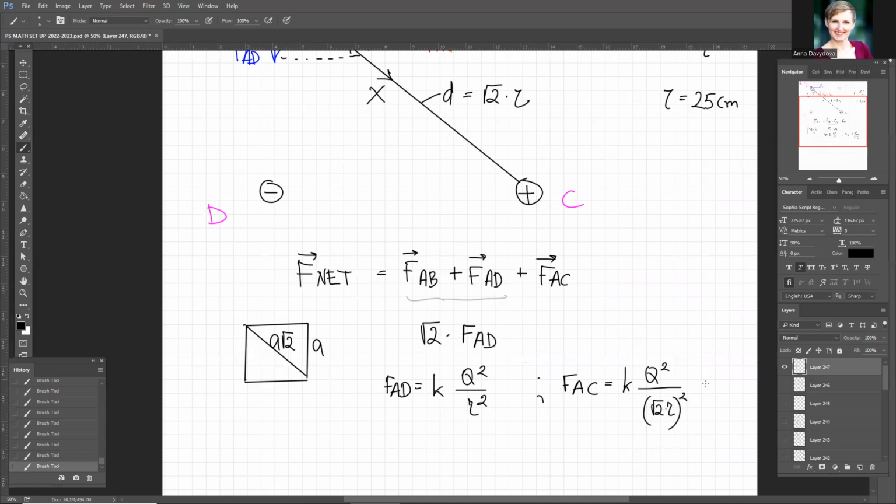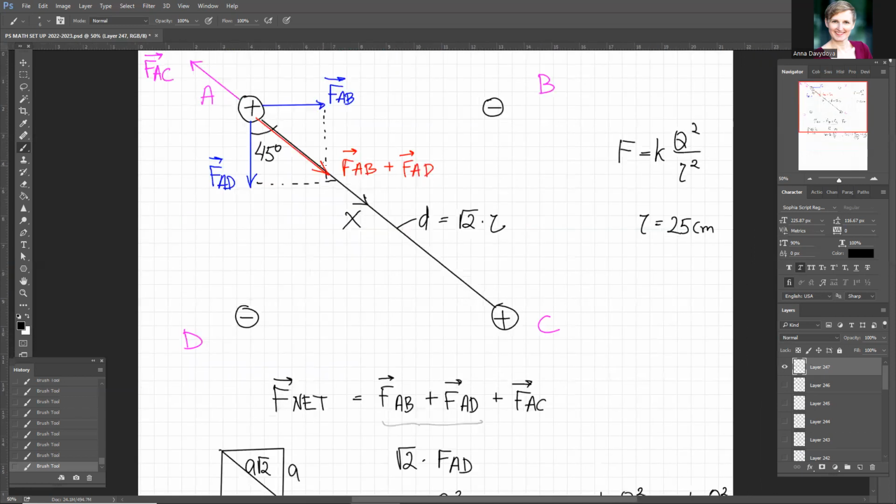Well, (√2) squared is just 2. So what I have is K q squared divided by 2 r squared. How very interesting. That is FAC, and √2 will be applied for the addition of the two.